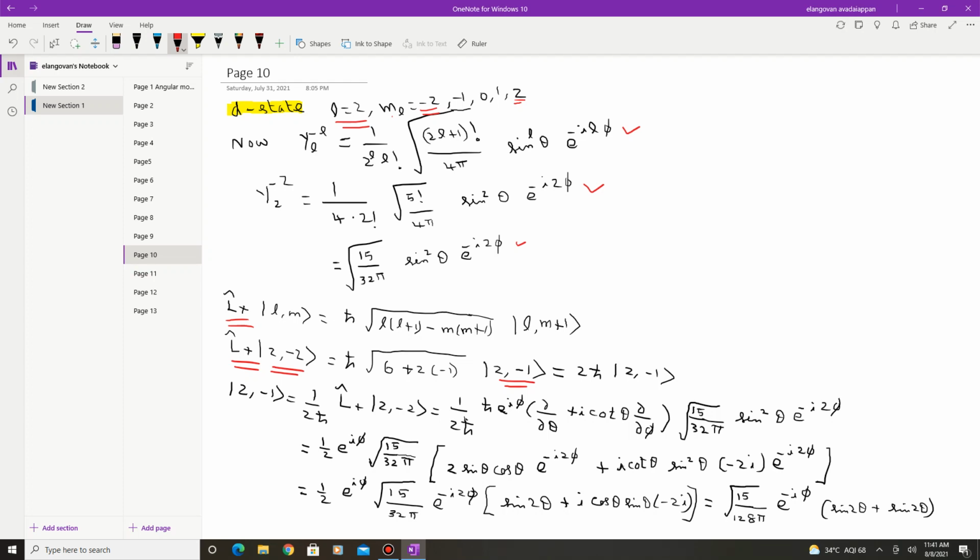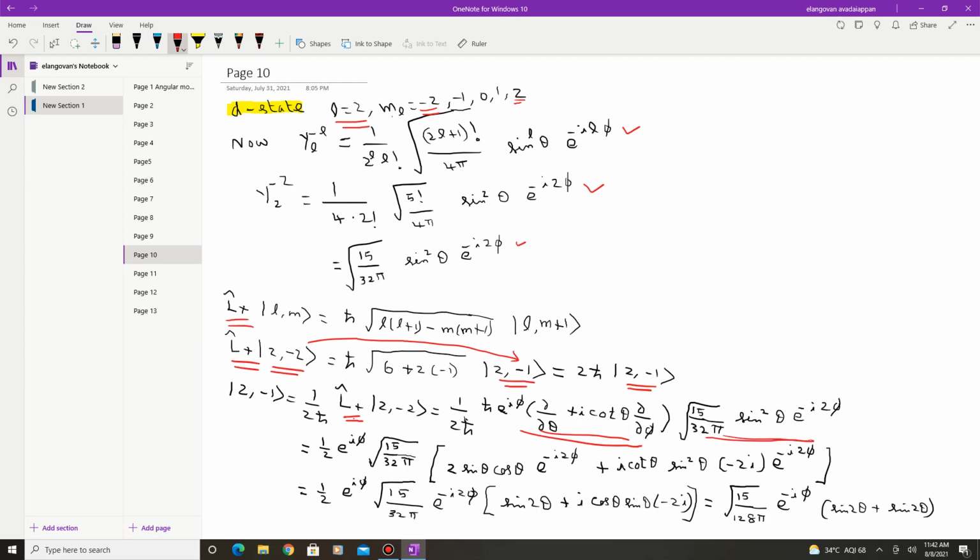So this state can be evaluated. Y(2,-1) is 1 by 2 h cross L plus Y(2,-2). The procedure is, we know the expression for L plus, we substitute the L plus operator, and we have already calculated the Y(2,-2) state, and you substitute here.